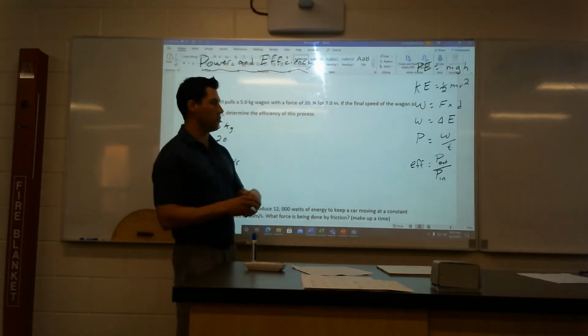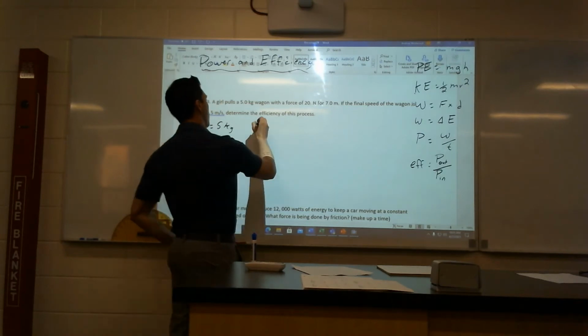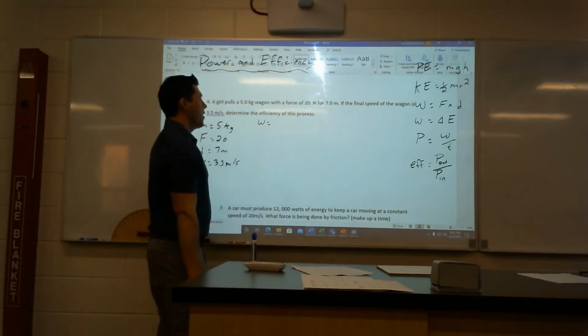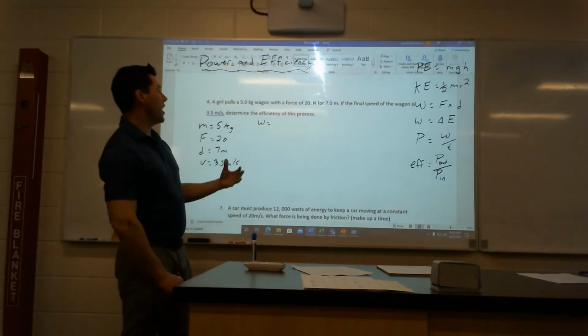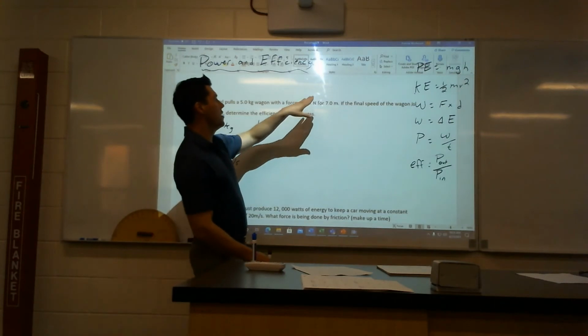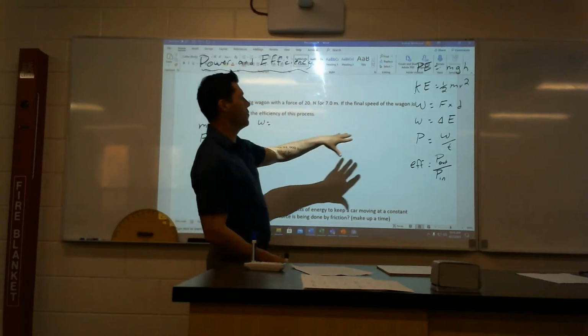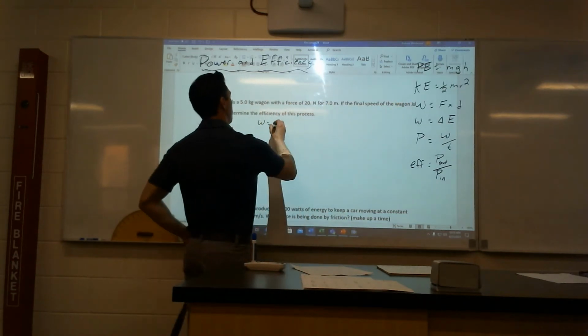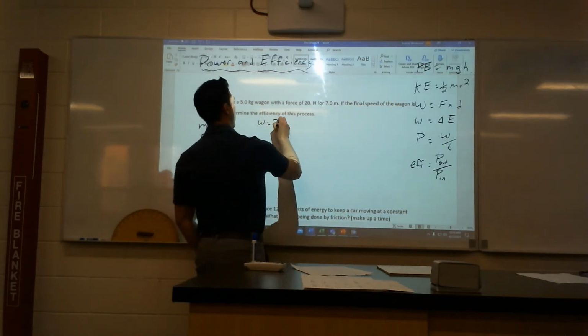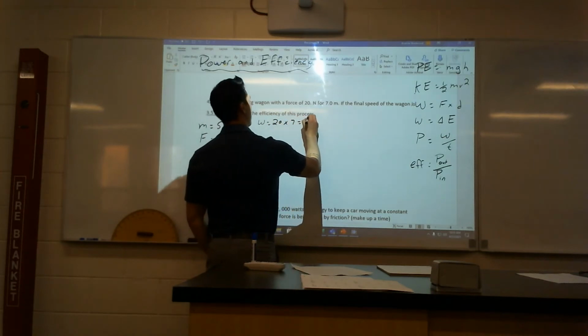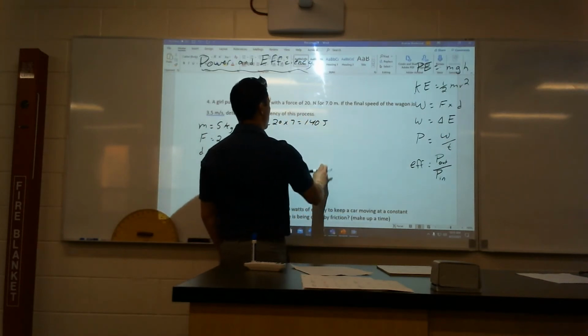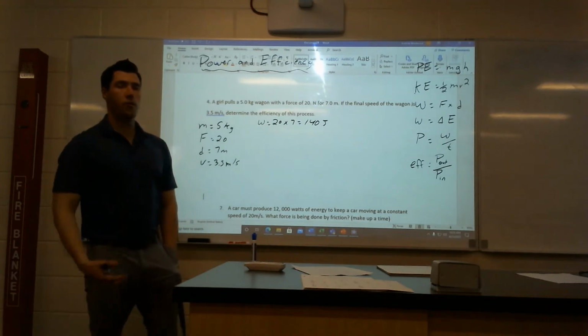So let's figure out the work that she actually put in. The work she put in was she pulled 20 newtons for 7 meters. So we can do that work with this one. That's not too bad. Basically, 20 times 7, 140 joules. She put in 140 joules.